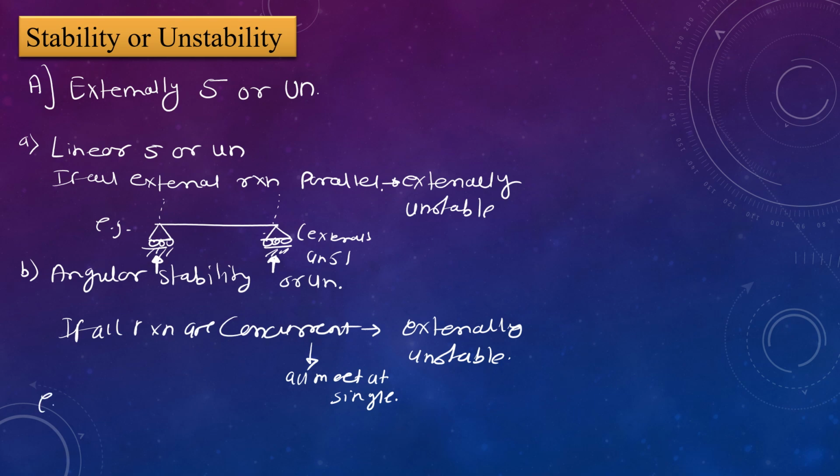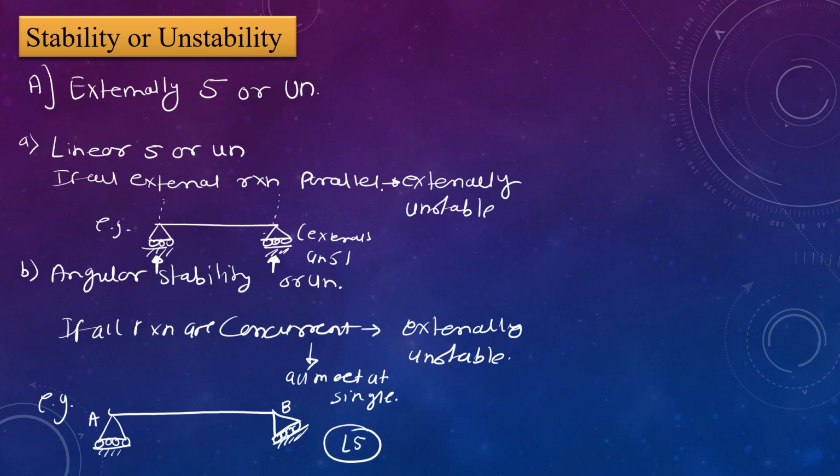For example, this is a simply supported beam with a roller support at one end, and take here an inclined roller support. In this particular beam, the A reaction and B reaction are not parallel to each other, so this is linearly stable.